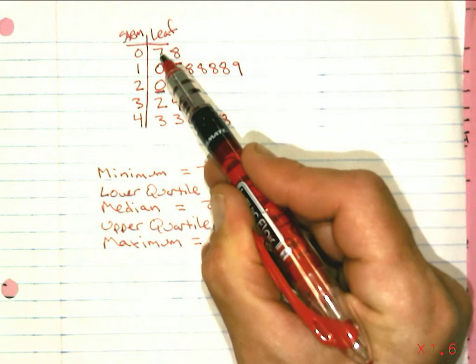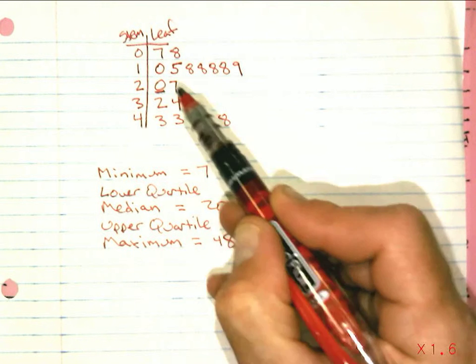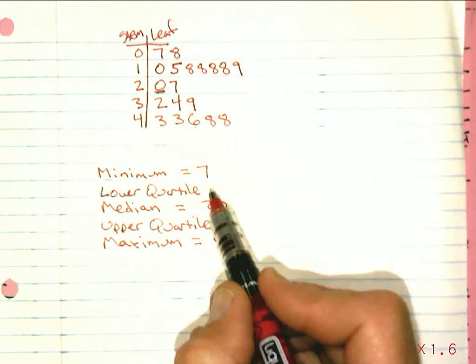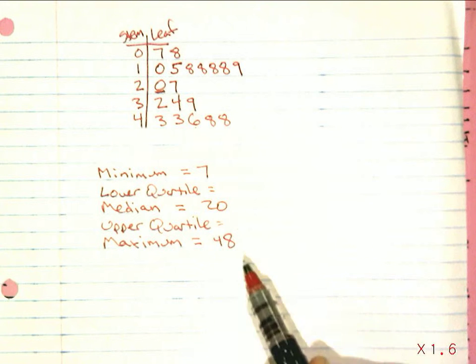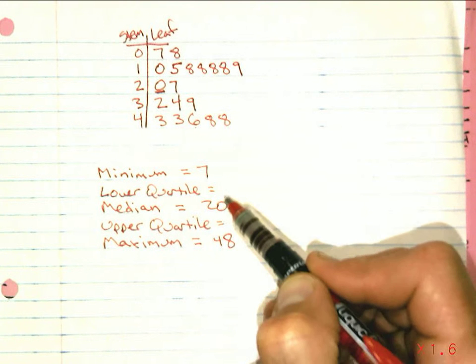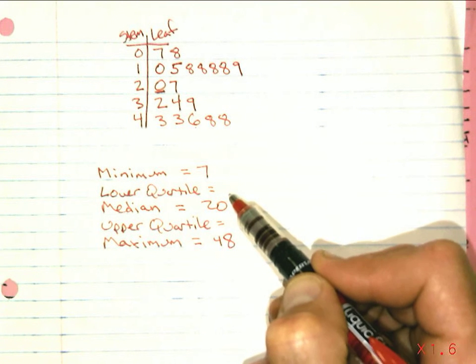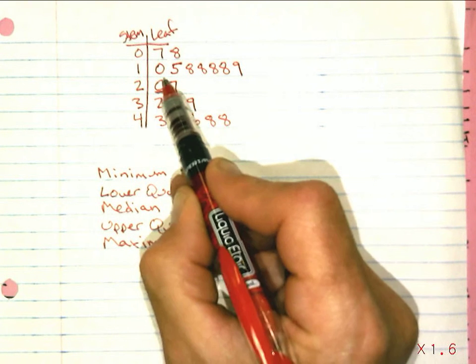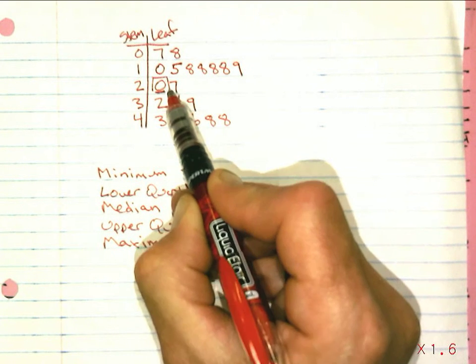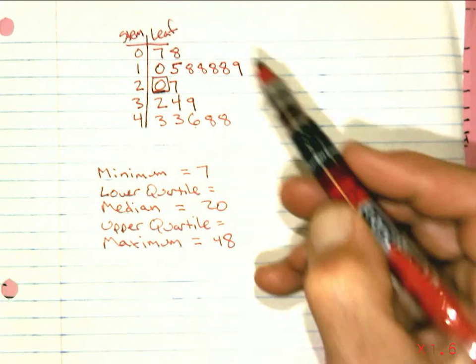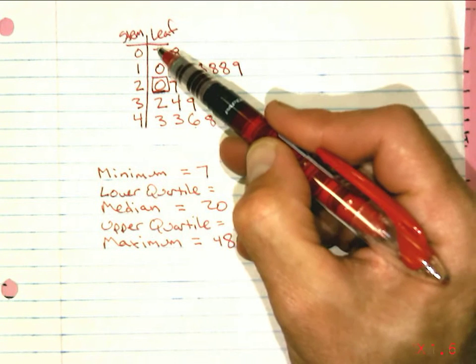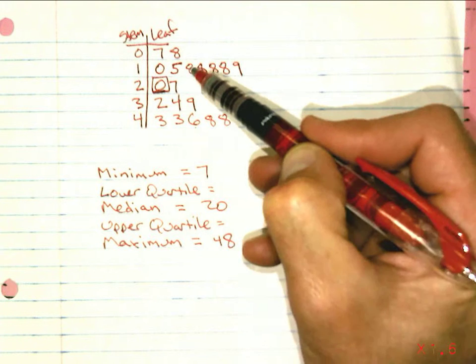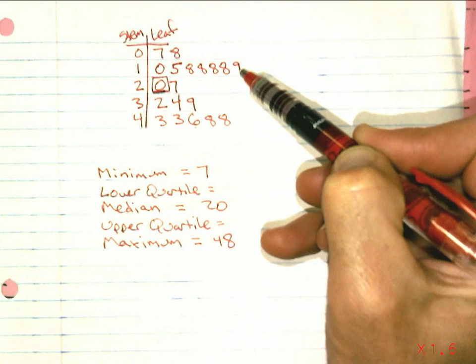So I've got the smallest number, the largest number, the middle number, and now the challenging piece is these quartiles. Really, the quartiles are the middle of the bottom and the middle of the top. So if 20 is the middle number, I work from the bottom. I had 9 numbers below it: 1, 2, 3, 4, 5, 6, 7, 8, 9.